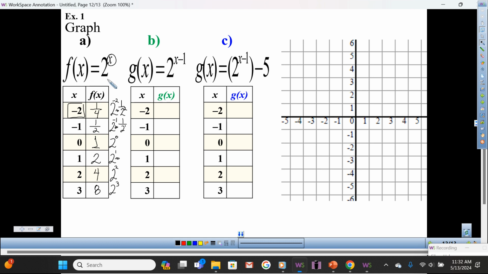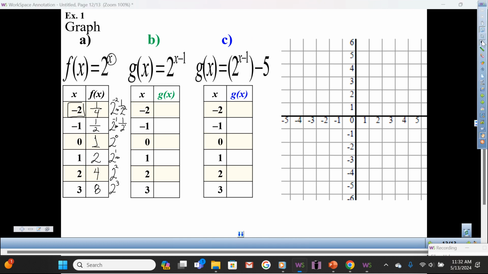However, to graph this, we started the same. Look up to the screen. I'm going to write my general rule on top so you guys can see it. Here goes. My general rule was g of x equals a times base b, exponent of x minus h plus k. So look at this one and look at this. We have a base 2.